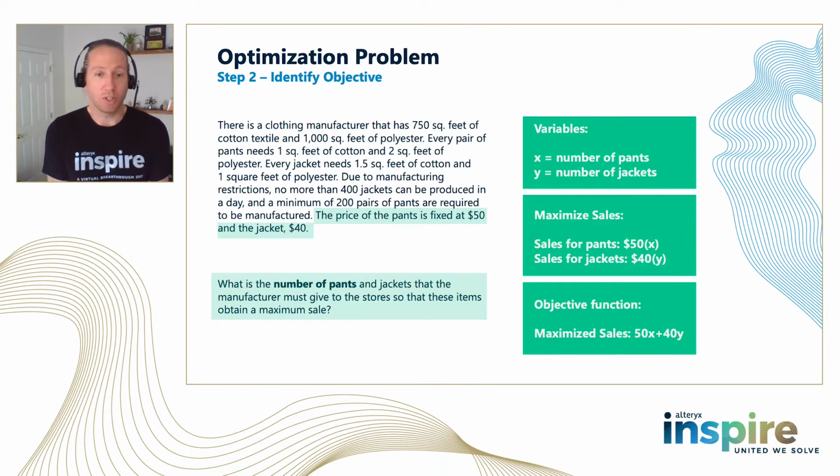Obviously, I can't just plug in infinity for X and Y. That would be the maximized sales, but given my constraints, I'm going to run out of cotton, I'm going to run out of polyester, and I also have the 400 jacket and 200 pants constraint. But we could start picking values for X and Y and checking: does it fit those conditions? Does it violate anything? And log the revenue and keep going. This would take a lot of time and effort. I know for me, it would take more patience than I have. I'm not willing to spend the time doing all of that.